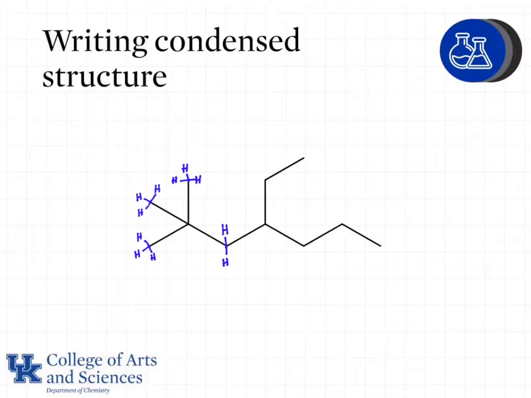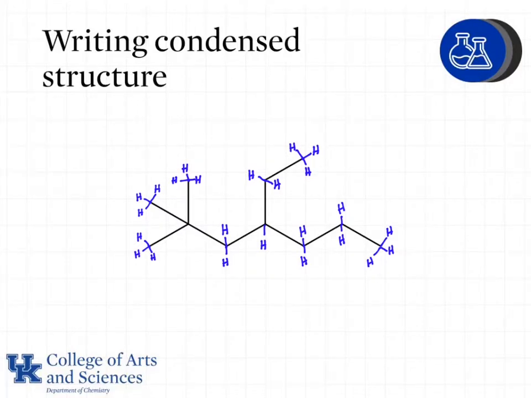We have two hydrogens on the next carbon, one hydrogen there because it already has three other bonds, two hydrogens going up, and three at the very top. Going back to our chain of our molecule, we have two hydrogens on the next two carbons, and then three hydrogens on the last one.